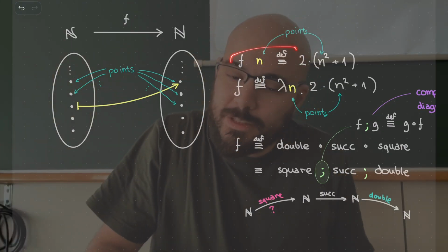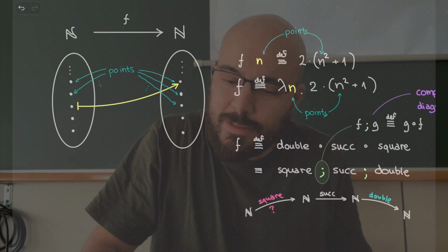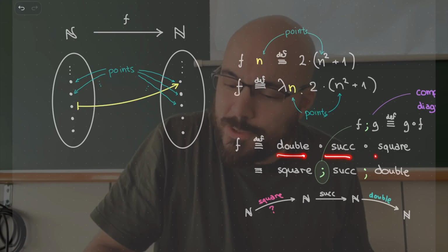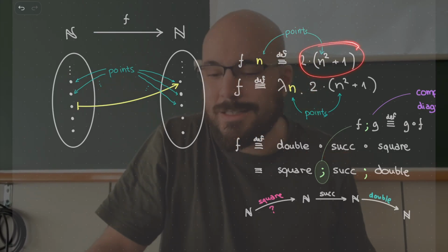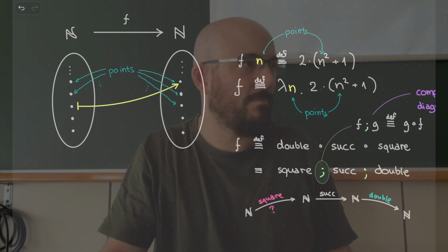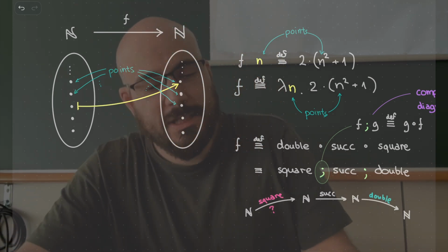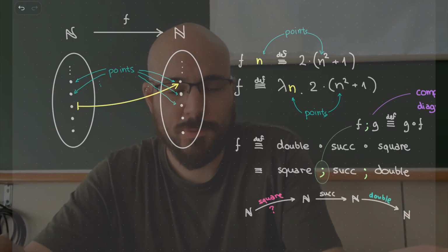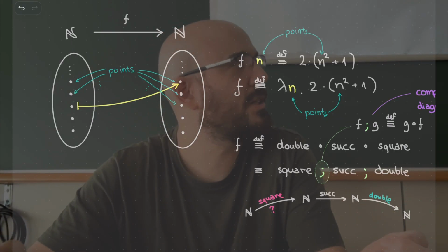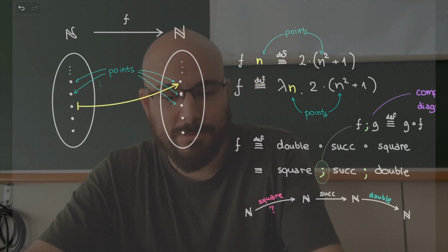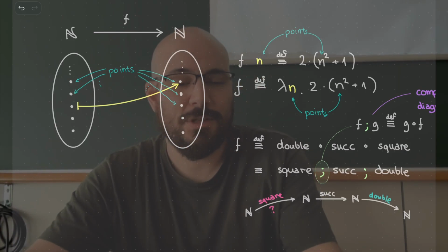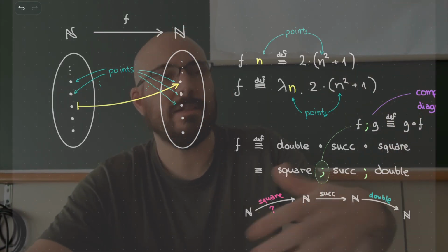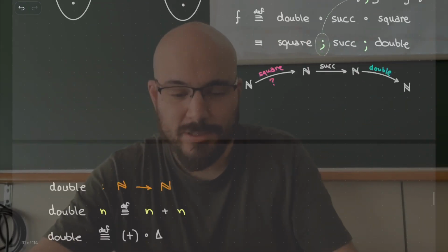Instead of giving this definition for this function, you could say that f is the doubling of the successor of the square, which corresponds exactly to this. And notice that here I don't need points. I want to do the same thing, get rid of points when I live in set theory. I use points in set theory because I have this membership relation. I want to get rid of these things, because anything that I can express without points might actually be expressible in a more general setting in other categories that lack points.